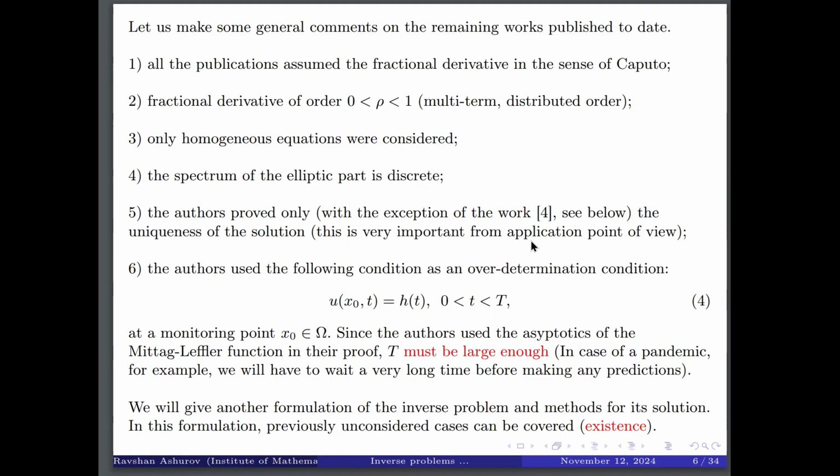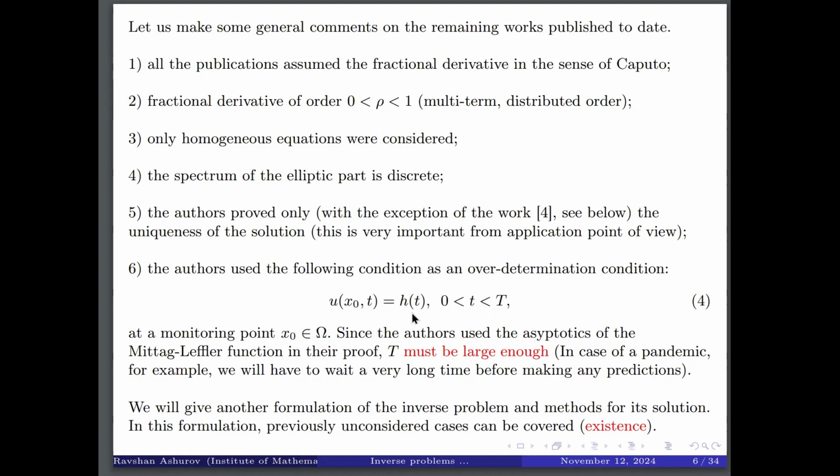Of course, uniqueness is important from an application point of view, but mathematically it is also interesting to show that in fact this solution exists. And last, the authors considered the overdetermination condition in the form of 4. Almost all papers use this overdetermination condition, where x0 is from the domain omega, where you consider this differential equation.